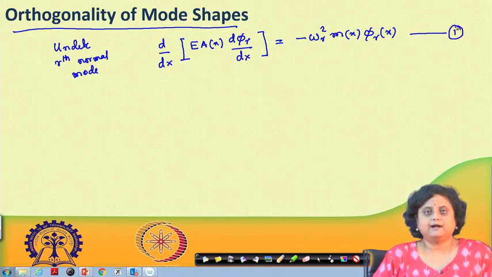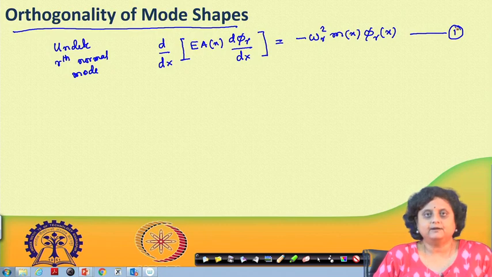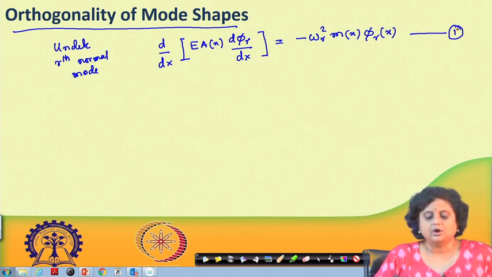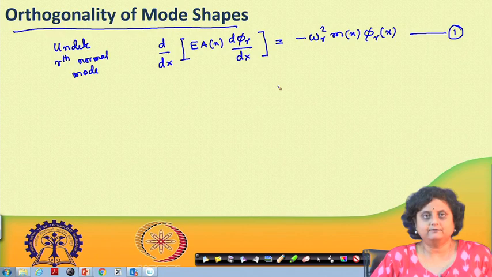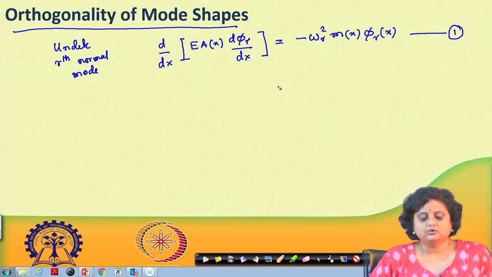So, what I have done? I have written the form part of the equation of motion under the rth normal mode. So, this equation we have derived earlier when we were deriving the normal mode of vibration. So, this is for the rth normal mode.